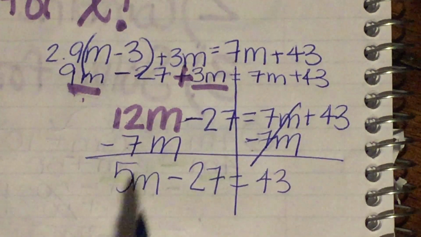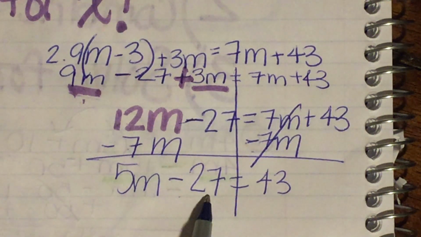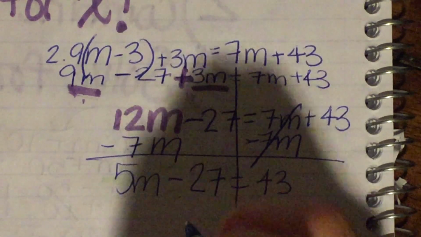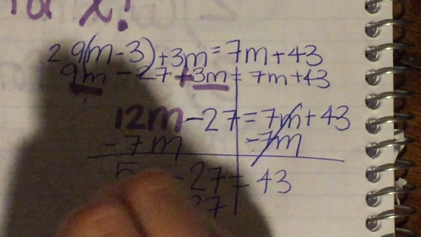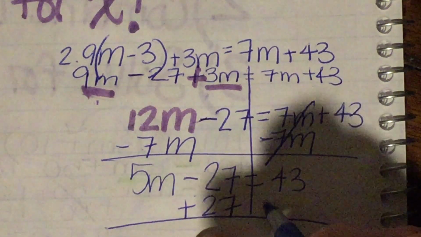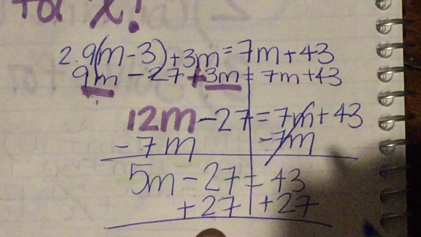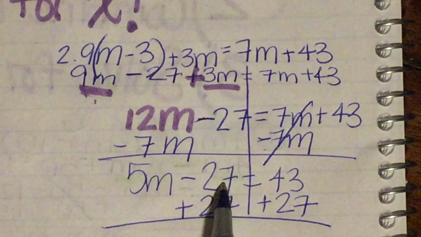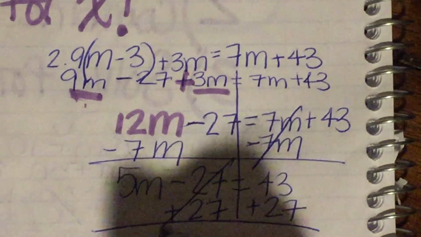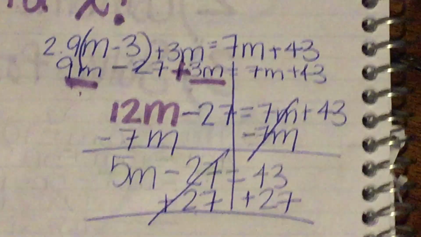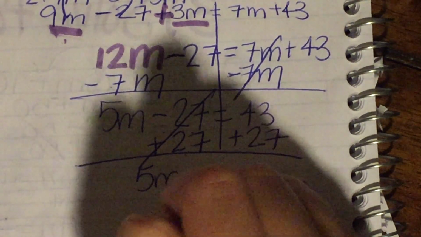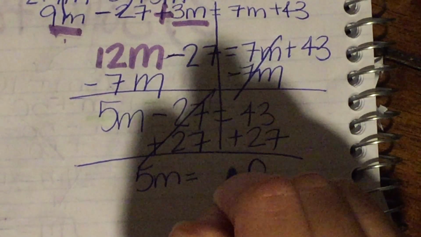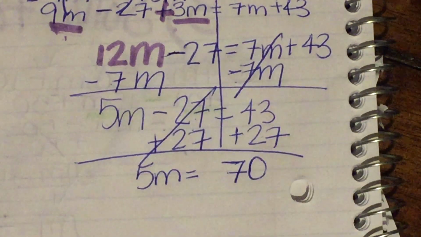In order to move my negative 27 to the right, I first have to undo the operation, so I'm going to use addition. What I do on the left, I do on the right, so I'm going to add on the right. Negative 27 plus 27 becomes 0. That cancels out. And I'm left with 5m equals 70.